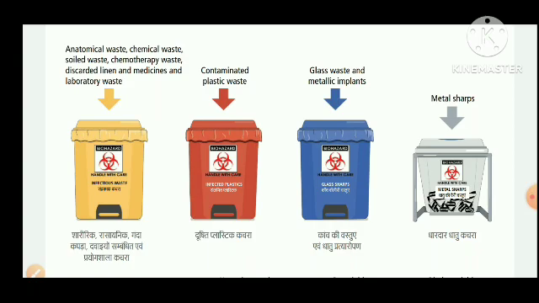So in yellow color, that is the infectious waste, sankraman kachra, you can keep the anatomical waste, chemical waste, soiled waste, chemotherapy waste, discarded linens and medicines, and laboratory waste. Okay, moving to the next, that is the red color bin, that is for infected plastic.